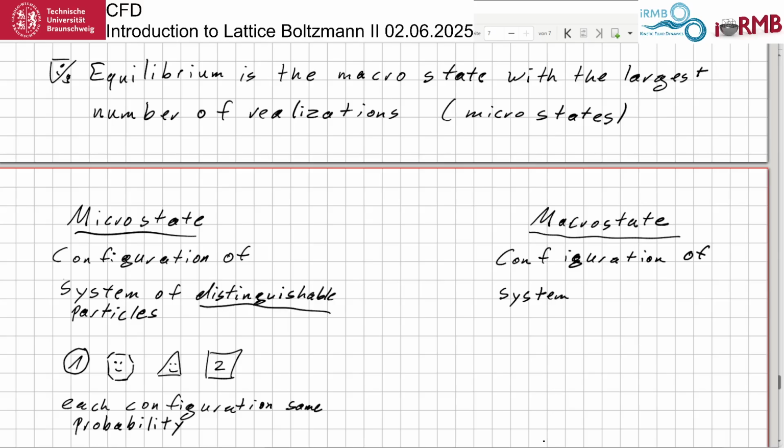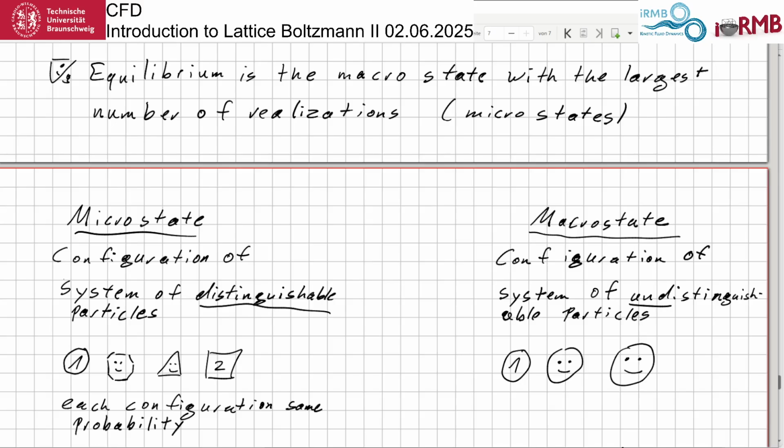So this was distinguishable, and now we are in indistinguishable. All of them have the same configuration that you have on the other side, but you cannot distinguish them anymore. Otherwise, they look all the same.